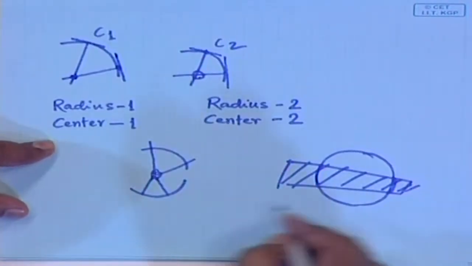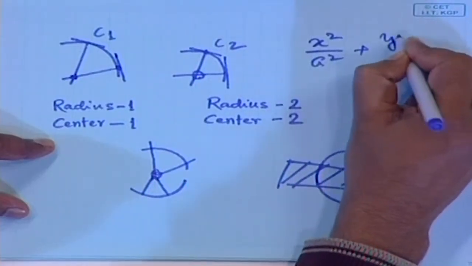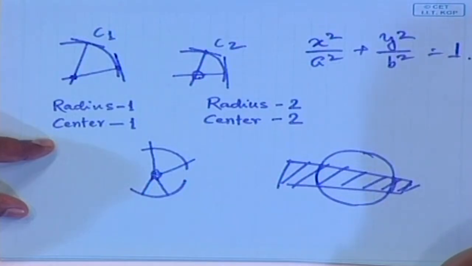If it is an ellipse, then radius and center are not sufficient, isn't it? I have to know the parameters a and b, because x square by a square plus y square by b square is the equation of an ellipse, is it not?